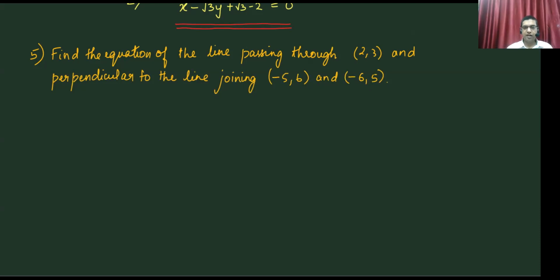Find the equation of the line passing through 2 comma 3 and perpendicular to the line joining minus 5 comma 6 and minus 6 comma 5.